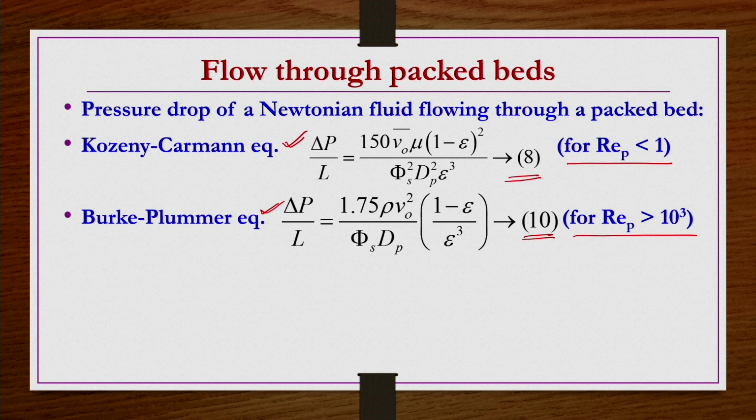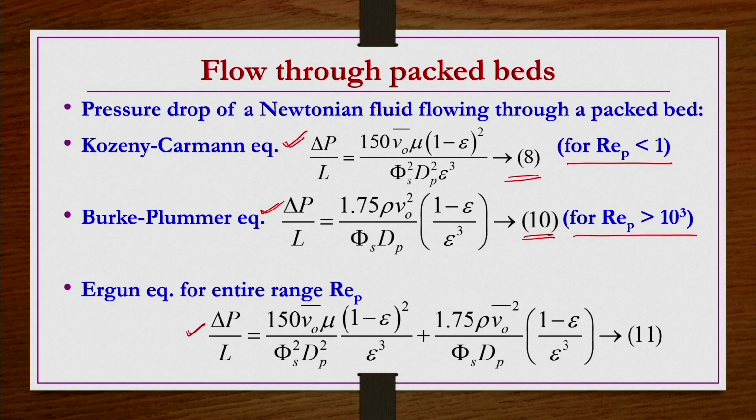But in general there may be cases where the contributions of viscous losses and kinetic losses may both be of significant importance, and both may contribute to the pressure drop of the fluid flowing through this packed bed. So, under such conditions, how do we find it?